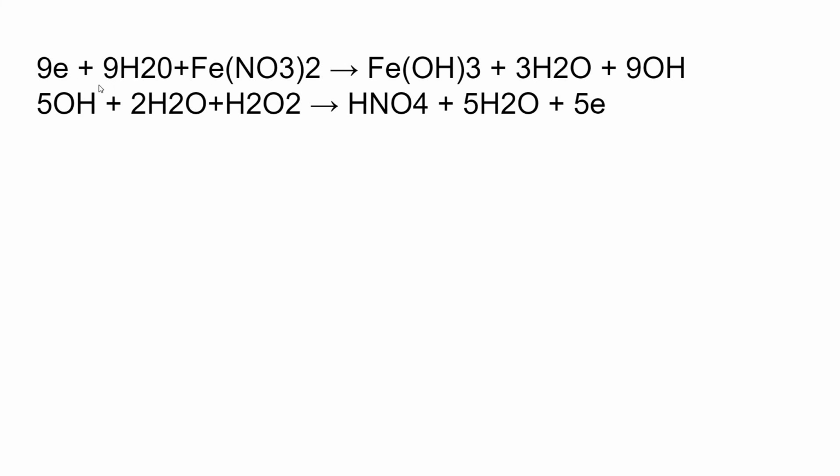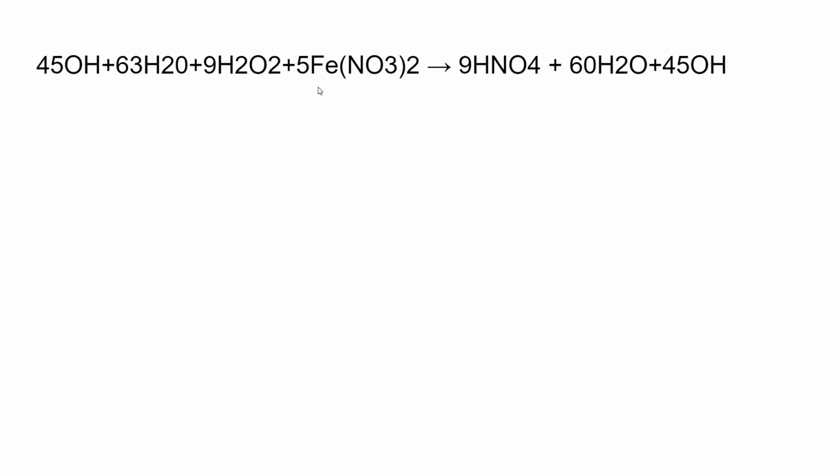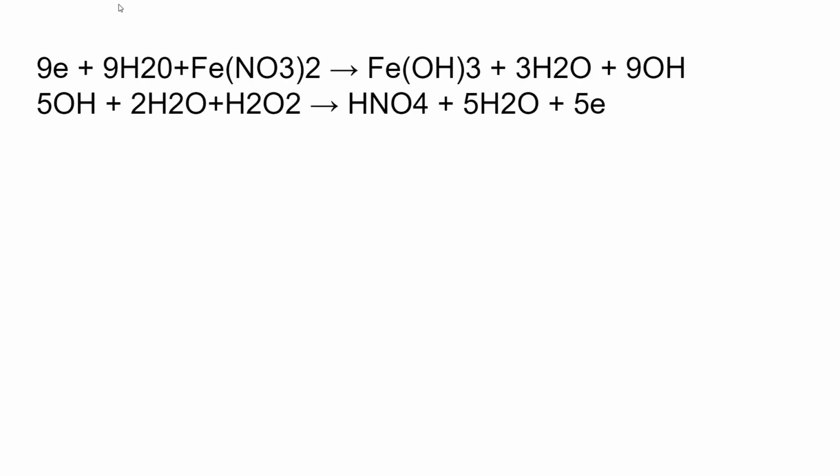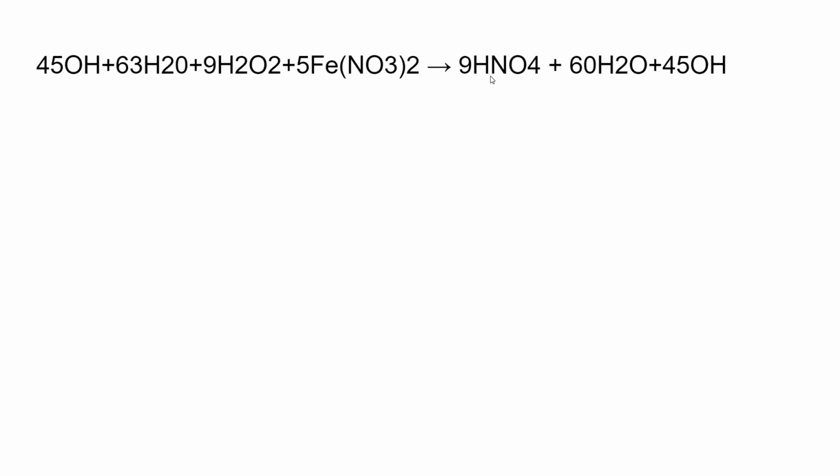I have not written out the negatives and the positives, but the OH groups are negative, and I believe the H2O2 over here is positive, and you should recognize that if you were to write that out yourself. So then, after combining all of them, multiplying the electrons, so 9, which means we're multiplying everything here by 9, and everything here by 5, that ends up being this full equation.